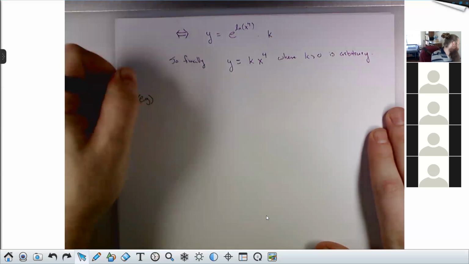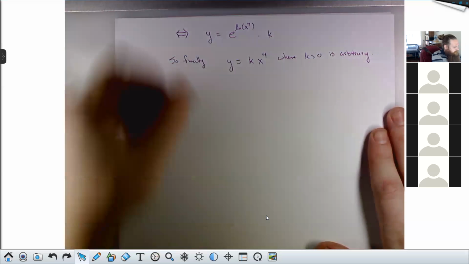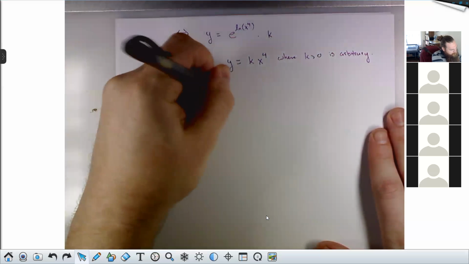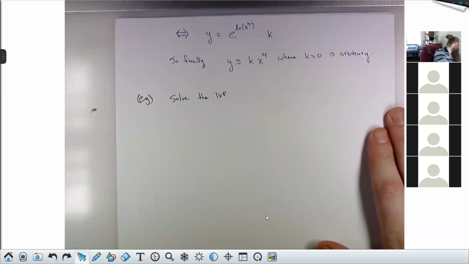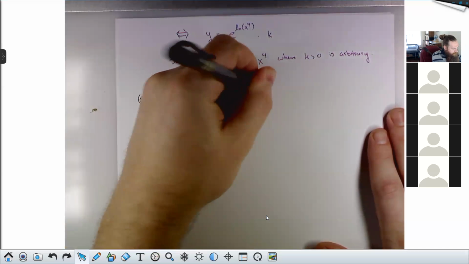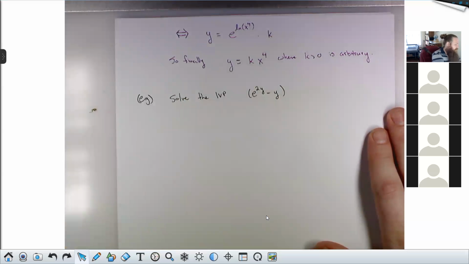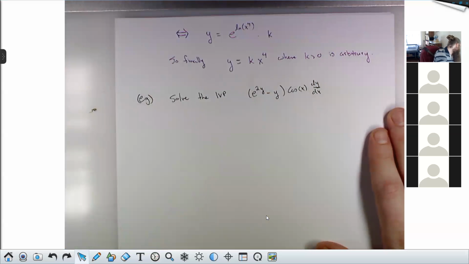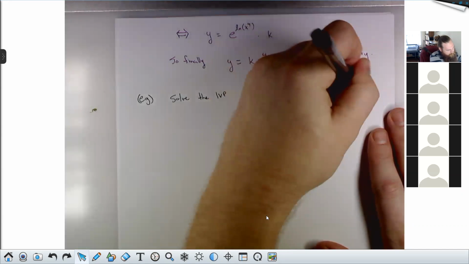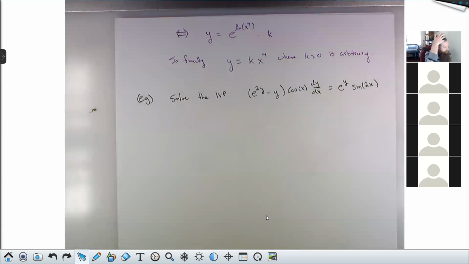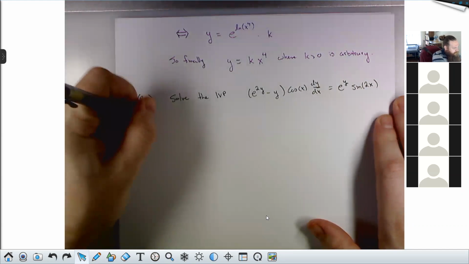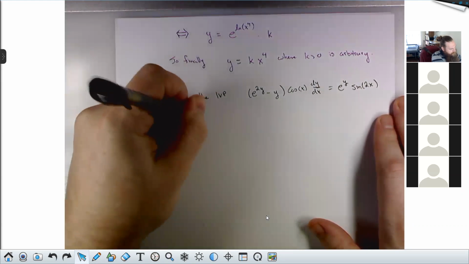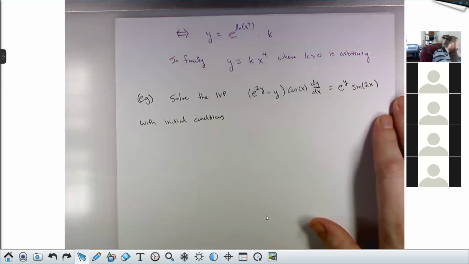So here's our next example. I want to solve the initial value problem e to the 2y minus y times the cosine of x times dy dx is equal to e to the y times the sine of 2x, subject to the initial condition that y of 0 is equal to 0.